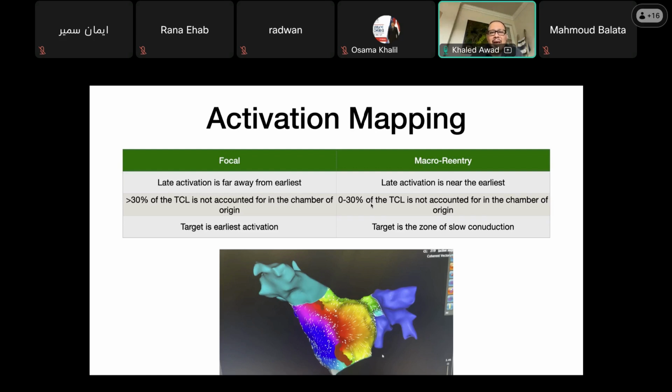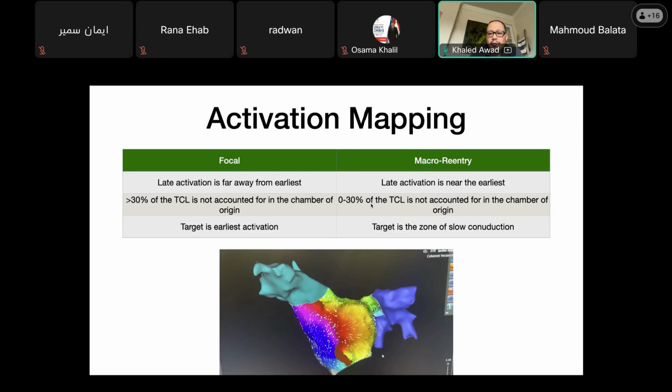We do mapping to know where to ablate, and since we are looking for that target, how do we define it? If we're looking for a focal rhythm, we're just looking for where the earliest activation is. Hopefully we set our window right, so it does not truncate the P wave and allows ample duration before the onset of the P wave. Then the target becomes the earliest activation.